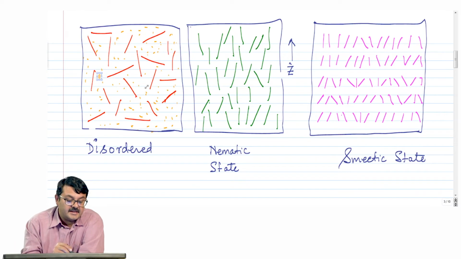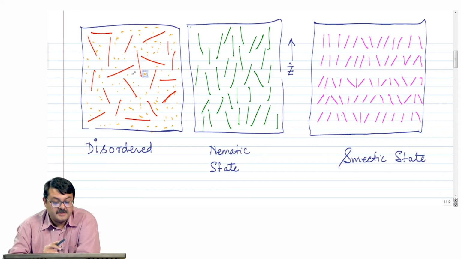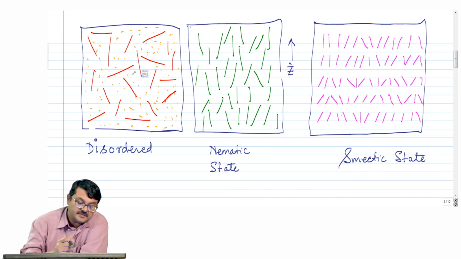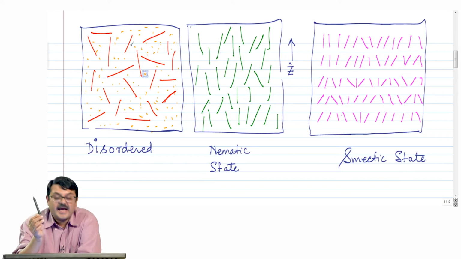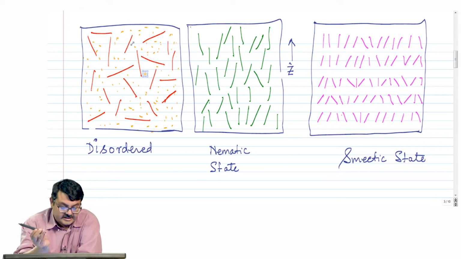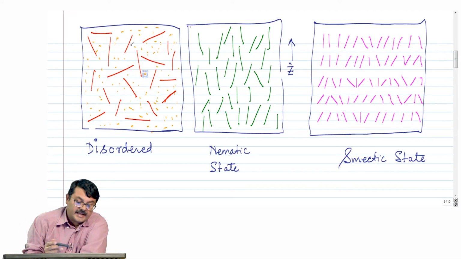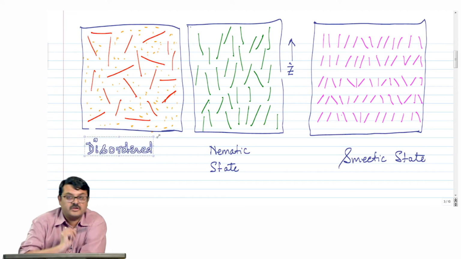As they undergo Brownian motion, they not only change their position from here to here, but even the axis changes. If there is a rod-like molecule, you can define an axis along the rod, and this axis also undergoes Brownian motion and can point in all possible directions, because of the bombardment of the background fluid. And then you say that it is in the so-called disordered state.